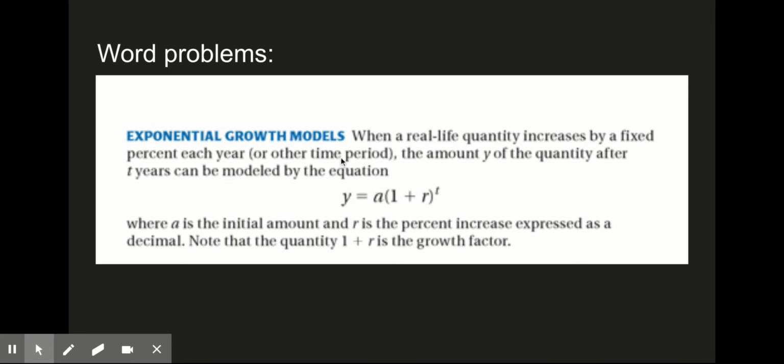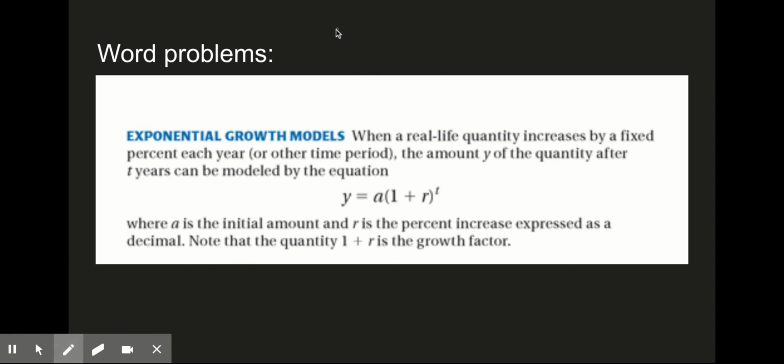We're talking money. You start with $100 in your bank account. You want to know how much it grows? We're talking people, right? Population increasing. What does that look like? R is the growth factor. Why would I add it to 1? It's an important part of the video to pay attention to, right?